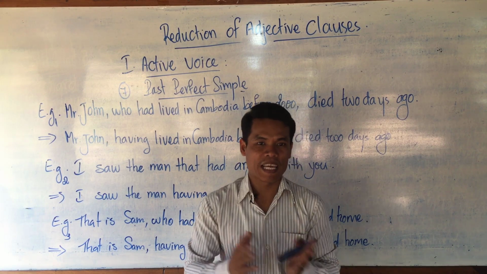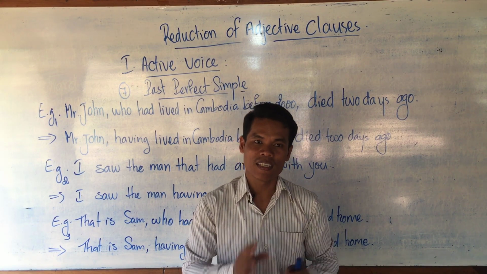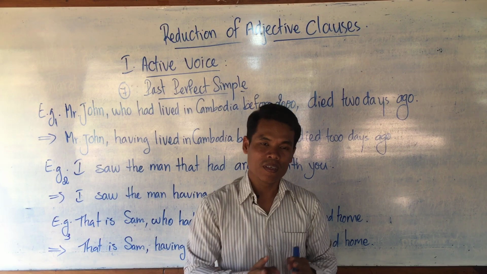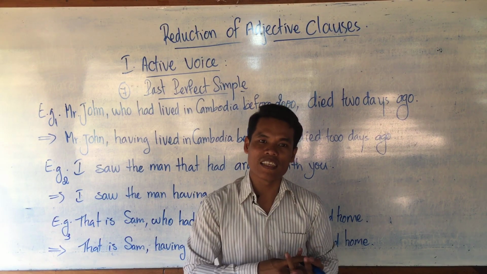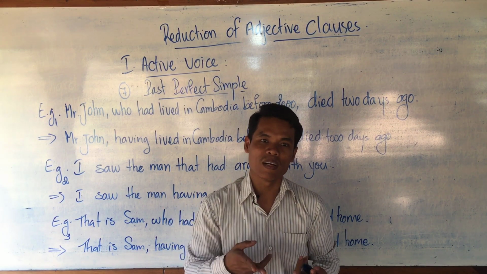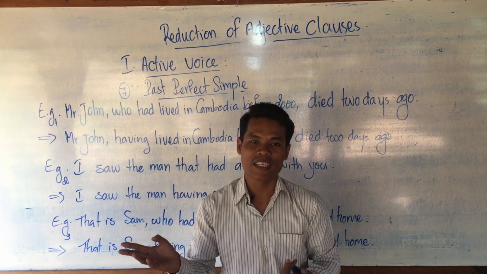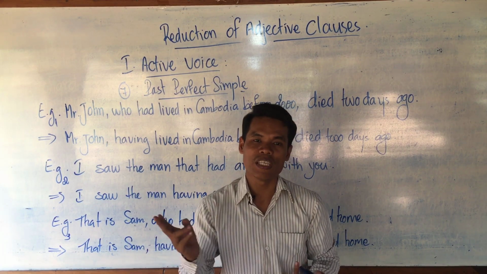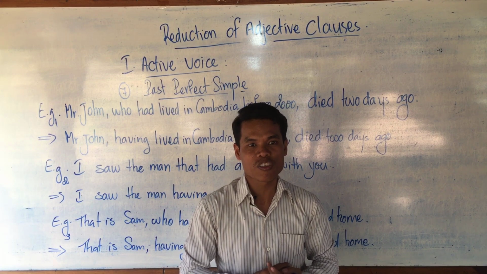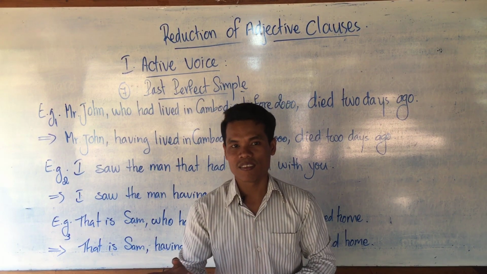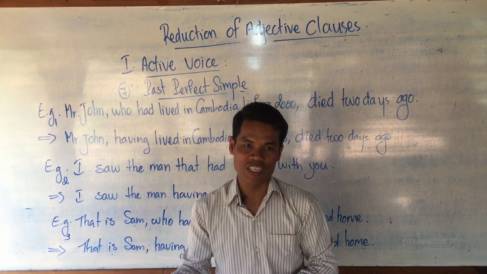Past simple and past continuous are the same. Past simple: we delete the relative pronoun and the verb changes to verb-ing. Negative: we delete the relative pronoun and auxiliary verb did, then not verb-ing.